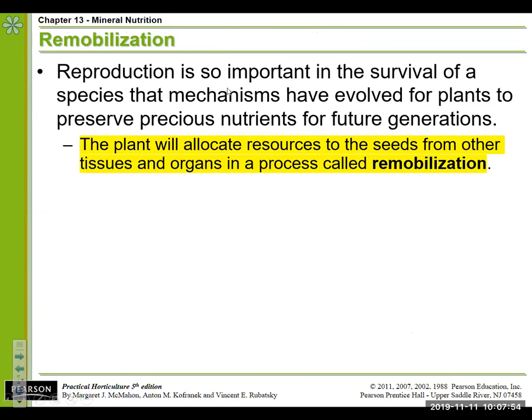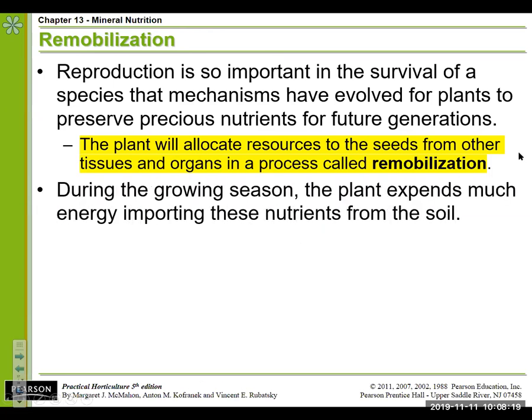If you think about how these nutrients are moved, the plants are always trying to produce seeds. Reproduction is their main goal. So the plant is going to allocate resources to the production of seeds. And we look at that through remobilization of the nutrients themselves.